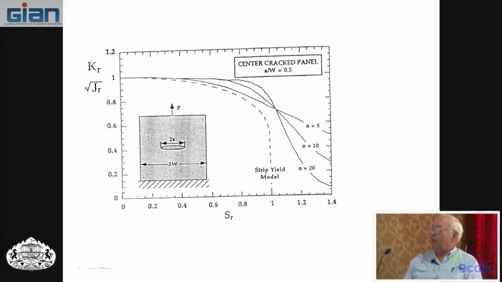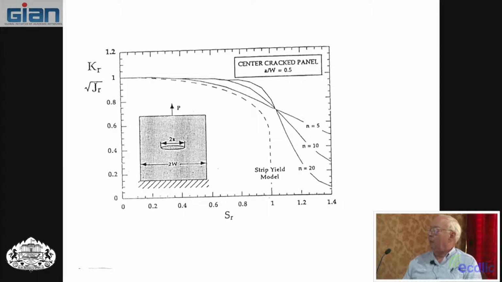For the handbook for J's, you have to know the material properties and you have to know the hardening exponent to do that, or you have to pick one. 10 is about an average hardening exponent, so for a lot of materials 10 is a good estimate. It's in the middle. The Dugdale model strip yield, or R6, is right here, this dashed line.